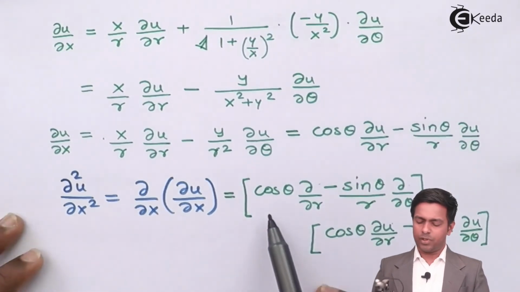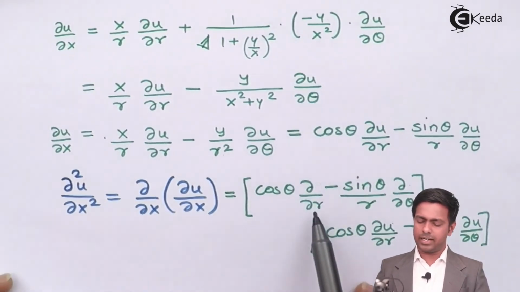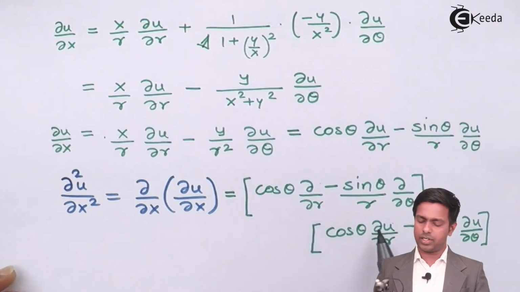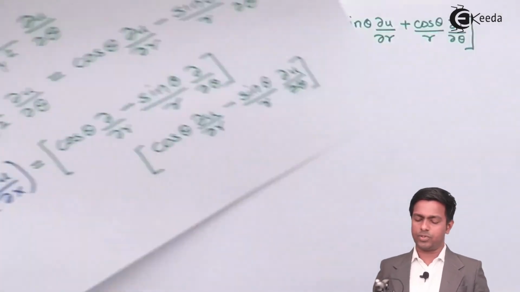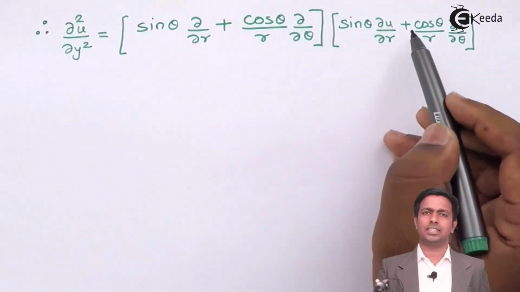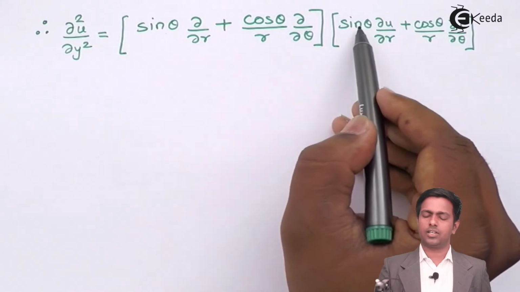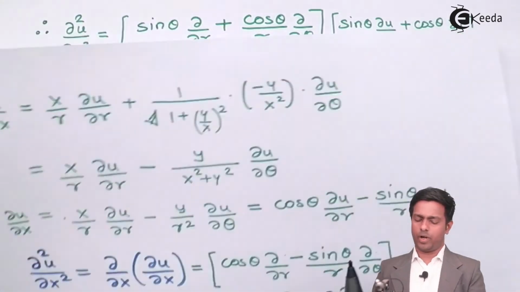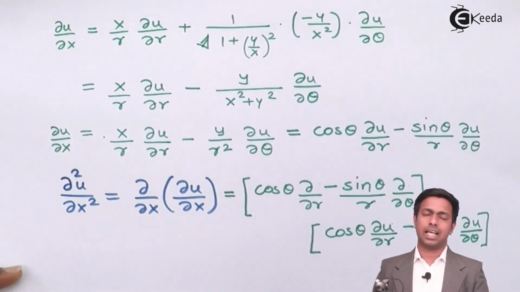So let's start. Here we have cos theta del by del r in the first bracket. Here we have cos theta del u by del r. Now guys, if you see here, we have sin theta del by del r, sin theta del u by del r. It means the changing term is sin theta. So instead of cos theta, twice we have sin theta.